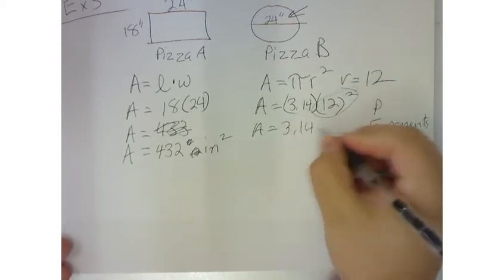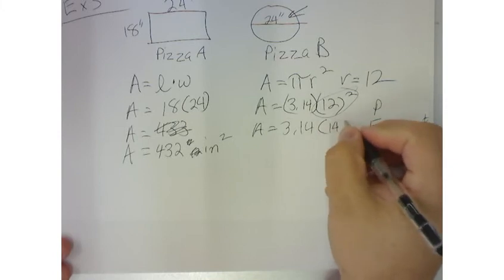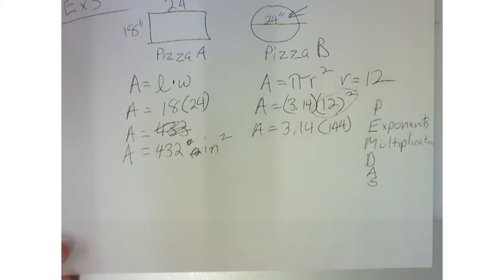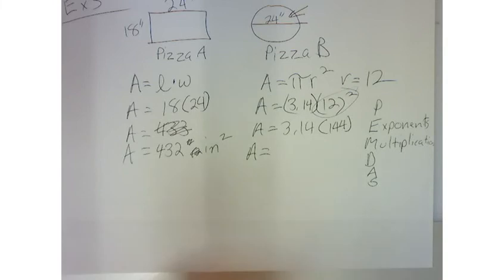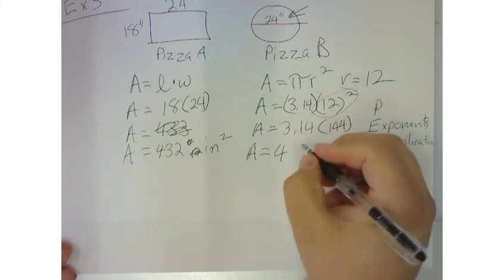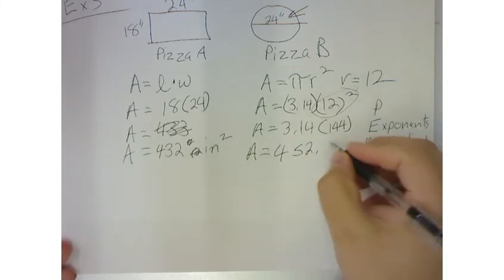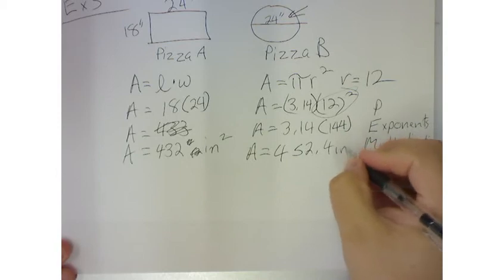But if you're not so lucky, you should know to do the exponents first. So then when you do the exponents and multiply that by pi, you'll actually get approximately 452.4 units squared, or inches squared.